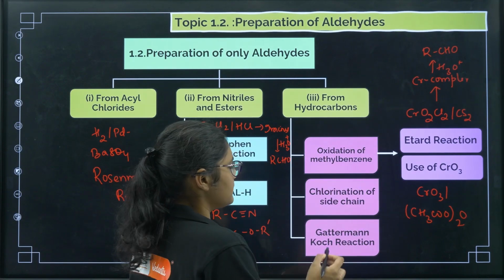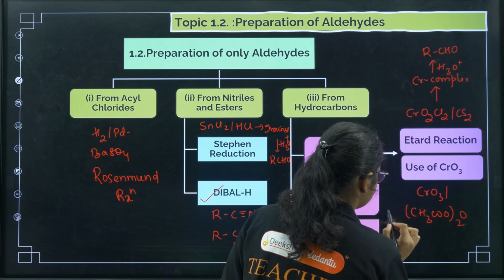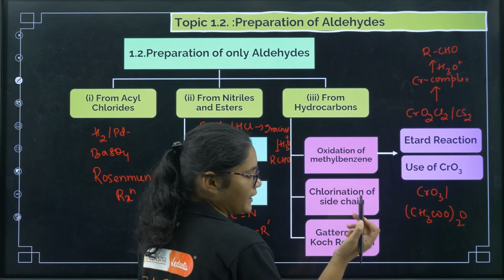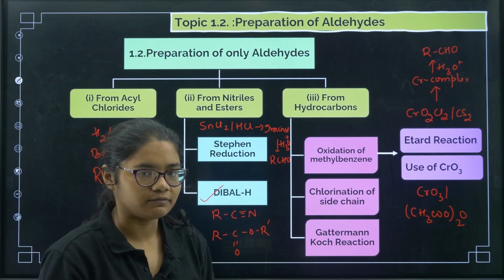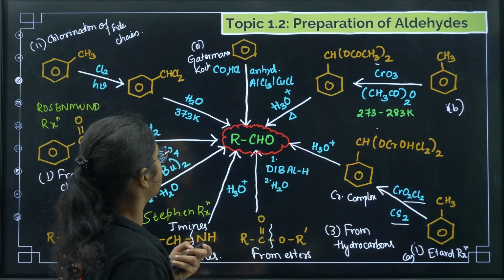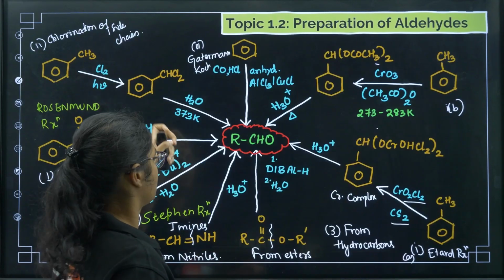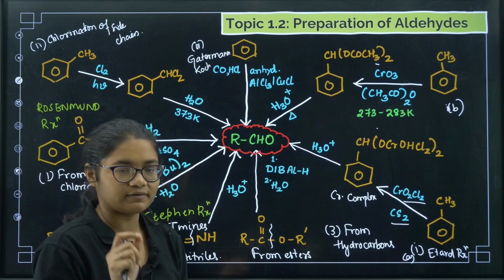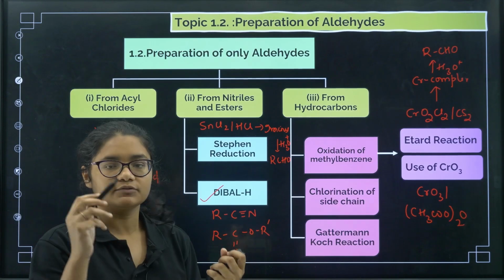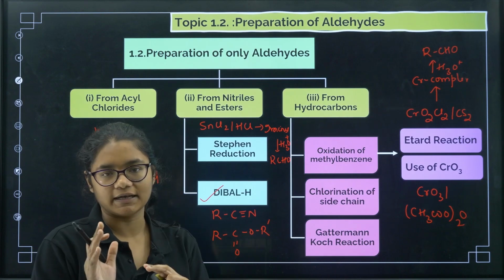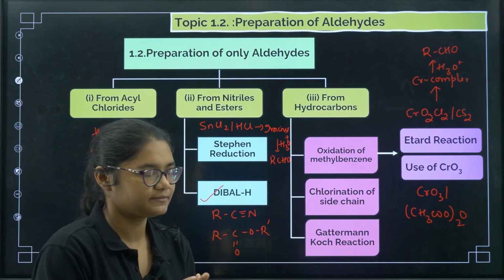Next, coming to chlorination of side chain. Here first of all you have to do Cl2 and hv, then two chlorines will be there. Then you treat it with aqueous NaOH, or H2O, whichever can give you an OH group. So OH will come, then dehydration will take place, and then we can get aldehydes.